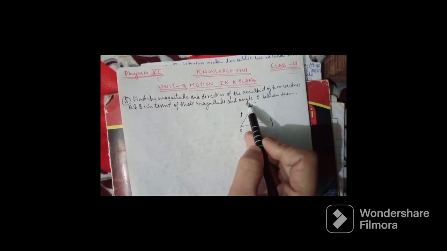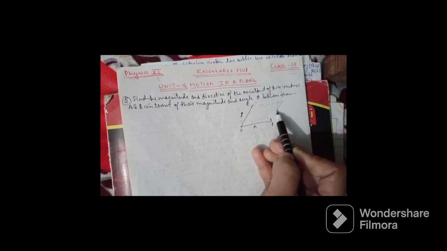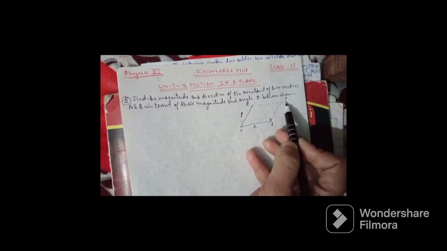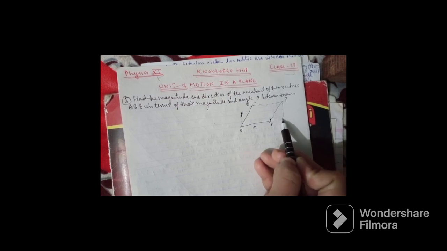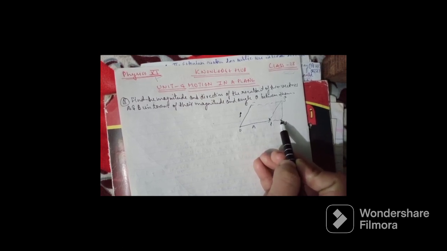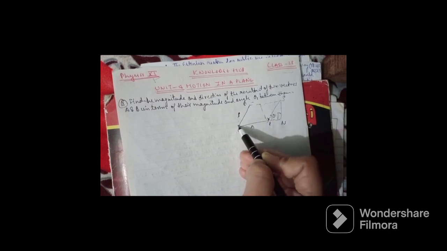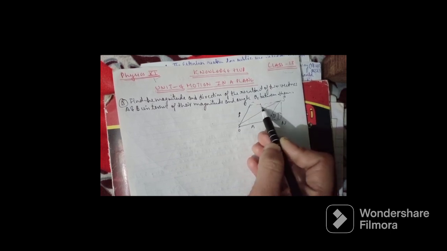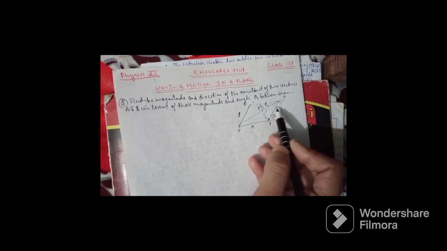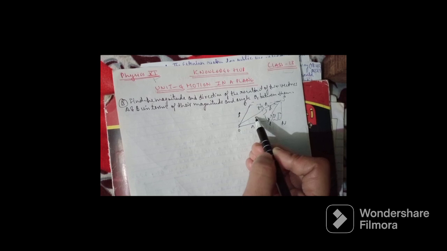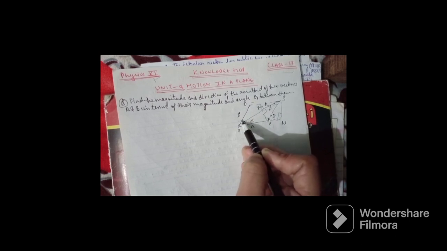In the same way, this is M, theta, and this is R, this is beta, this is alpha, here is theta.